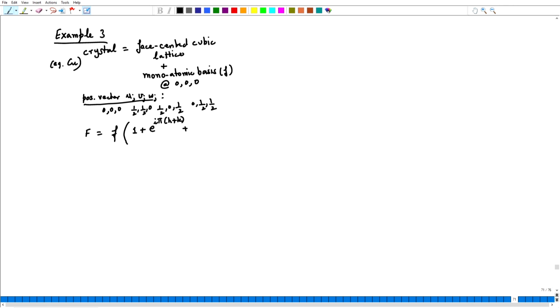The third term from the atom at half 0 half coordinate would be e to the power i pi (h plus l), and the fourth term e to the power i pi (k plus l). Each of these exponential terms, because h plus k, k plus l, h plus l, k plus l are all integers, can only take up either a plus value or a minus value, that is plus or minus 1.